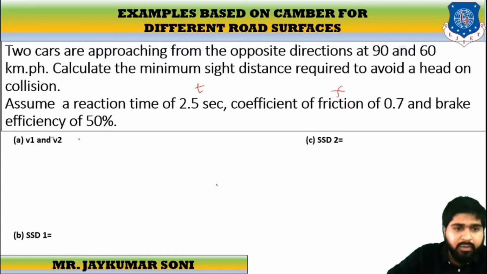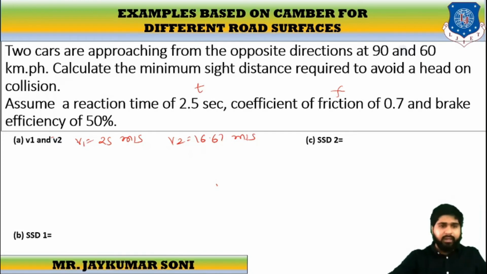Small v1 we have calculated as 25 meters per second, and small v2 as 16.67 meters per second. Now f is given as 0.7. But the statement says that brake efficiency is 0.50, so only half of this efficiency is working. So it will be 0.35.